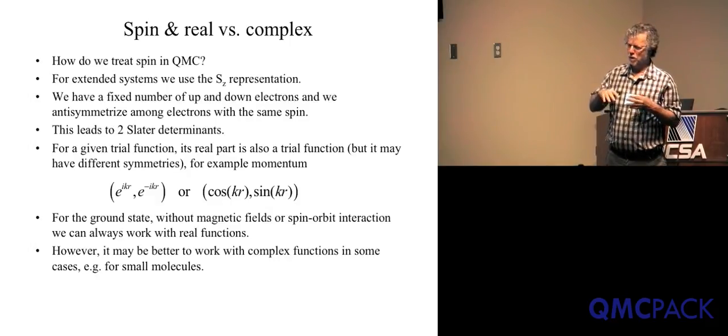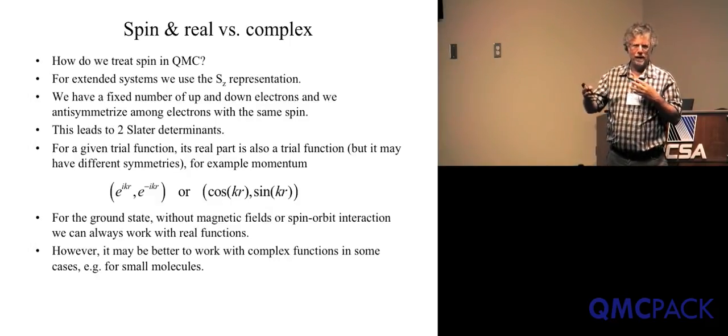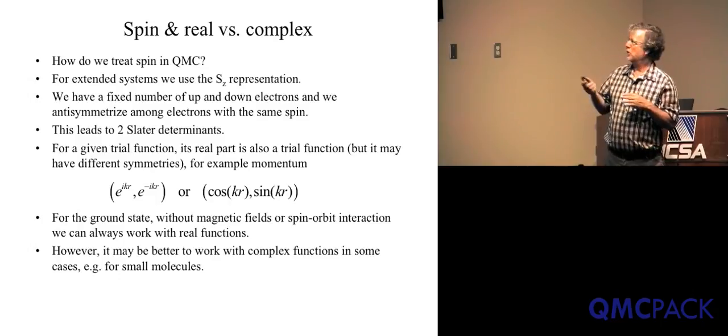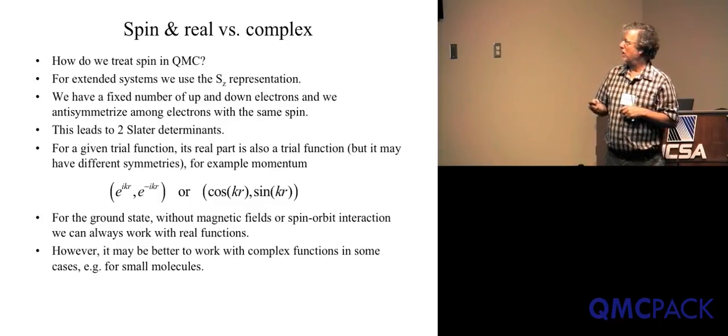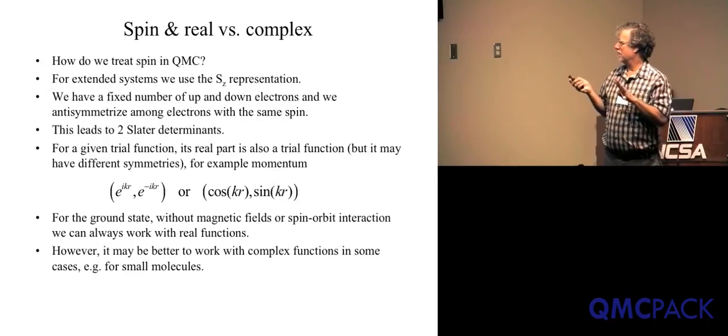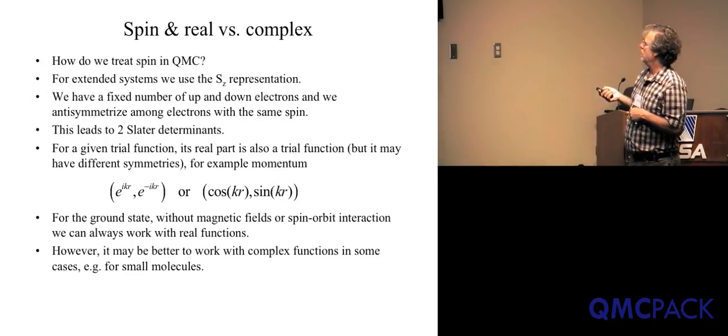And of course, when you talk about magnetic properties, you have to be really careful. We normally don't have an explicit magnetic field in our calculation. We just deal with the polarization of the system, that is the number of up electrons minus down electrons. We'll talk more about this later, but dealing with the spin gets more complicated.